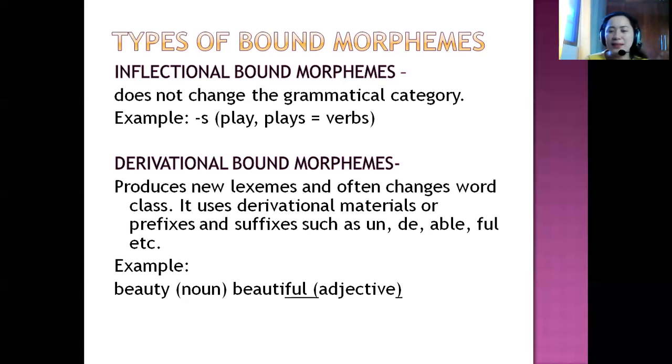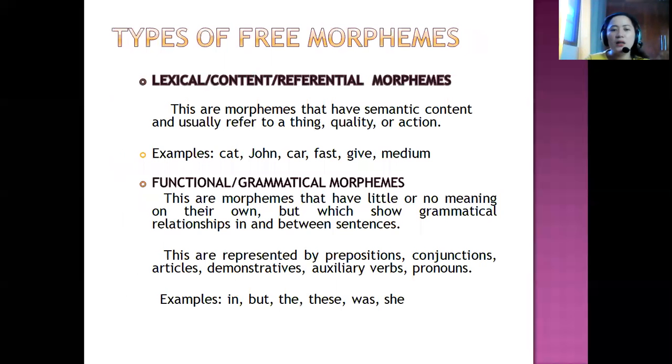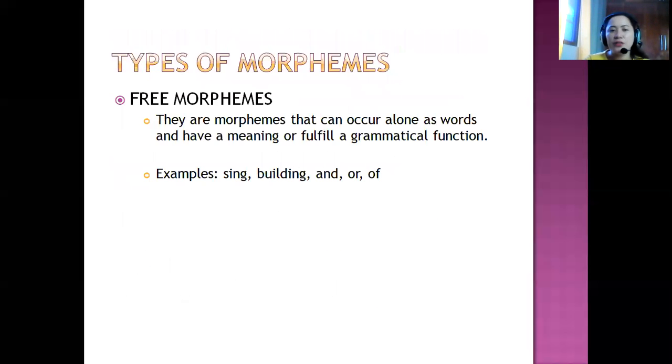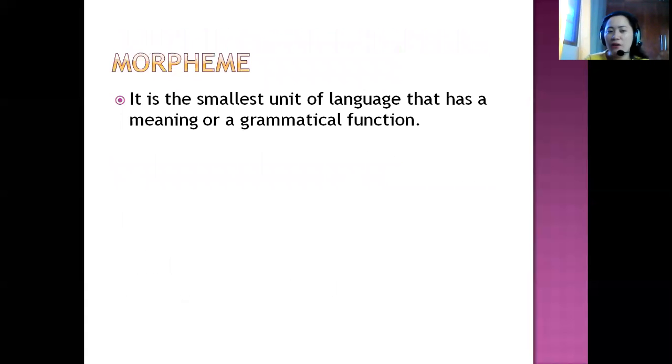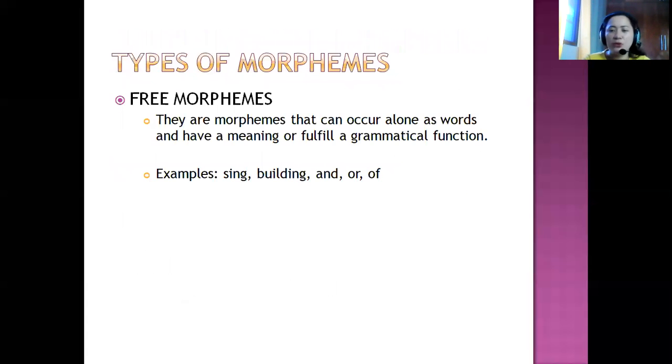So before we end, let's have a short recap. We have the two types of morpheme. Morpheme is the smallest unit of language that has a meaning or a grammatical function. And then the morpheme has two types, the free morpheme and the bound morpheme.